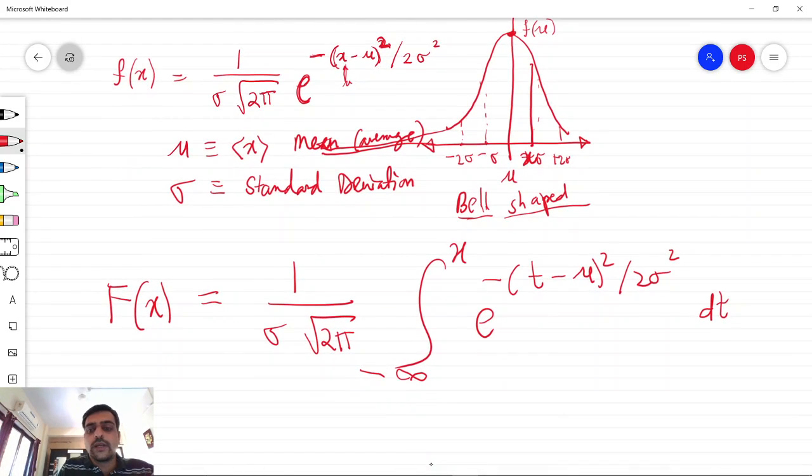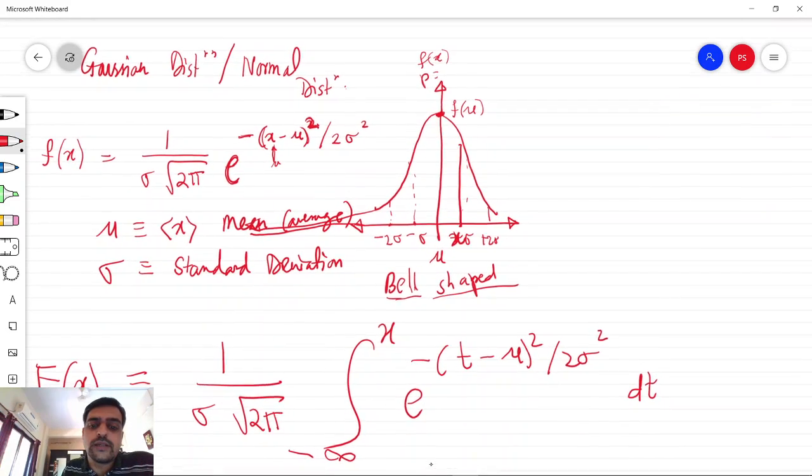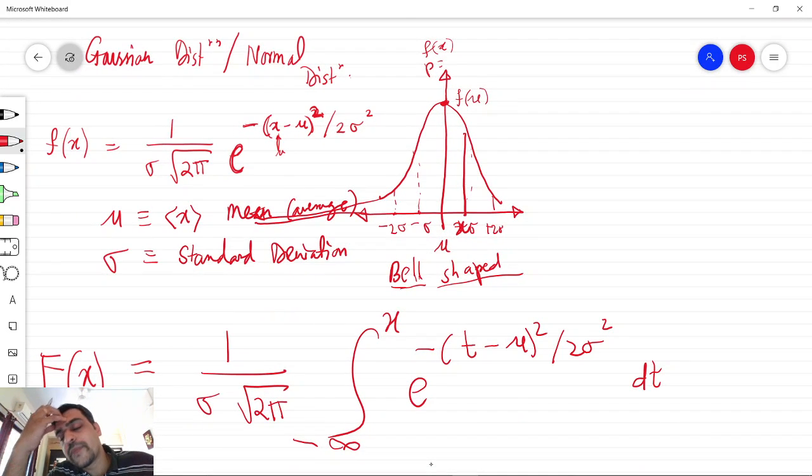Now note that the previous discussion regarding the binomial distribution involved discrete functions, but this Gaussian distribution is, as can be seen, a continuous distribution.